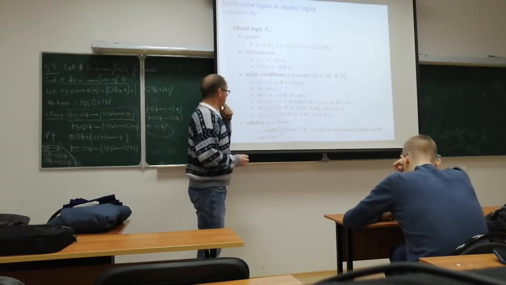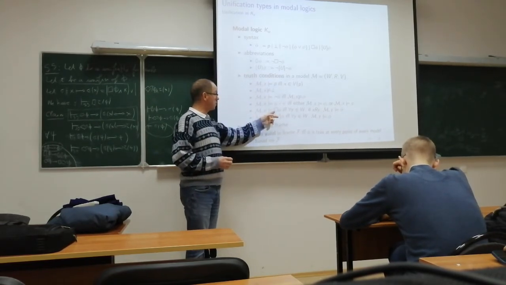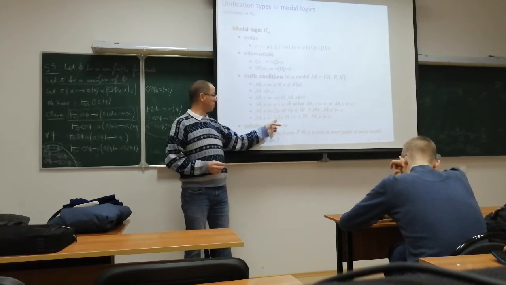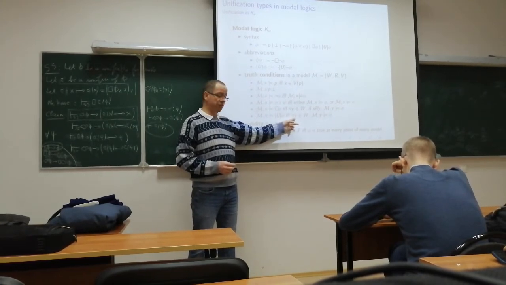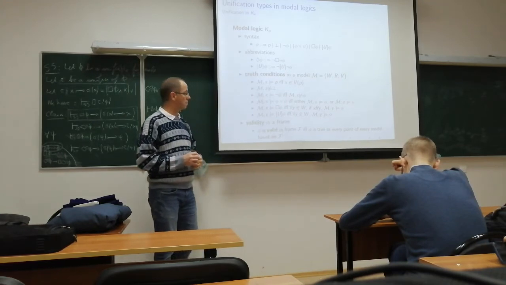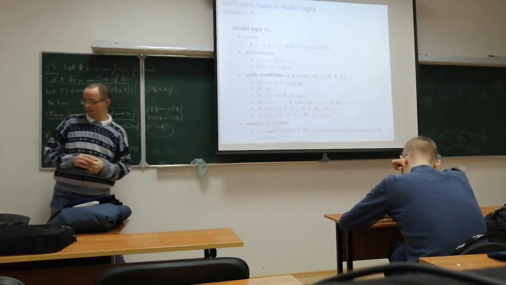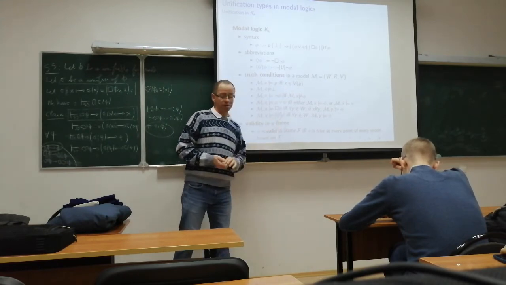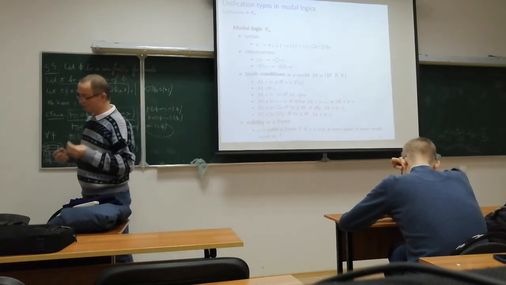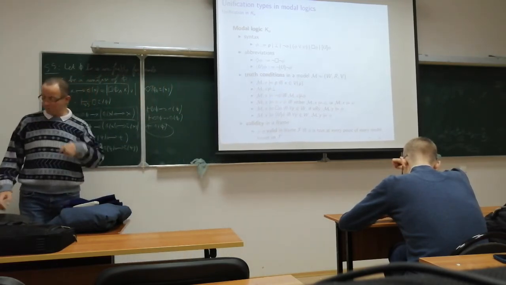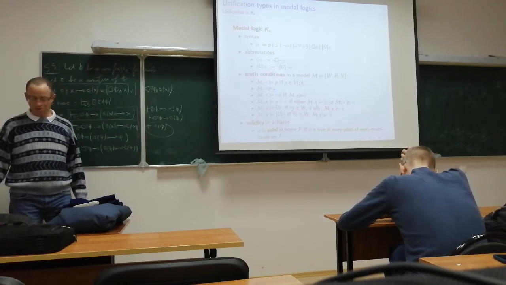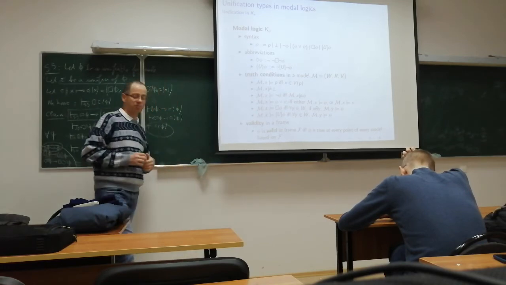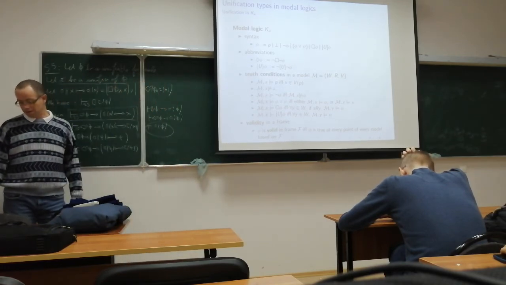Syntax and truth conditions are defined as usual. The box is interpreted by means of this accessibility relation, and the universal box by means of the universal quantification over all possible worlds of the model. In fact, this box is like an S5 modality. It corresponds to the universal relation between the possible worlds of the model, and therefore it is like an equivalence relation with exactly one equivalence class.